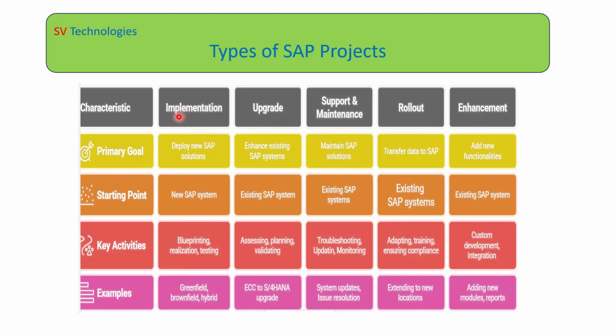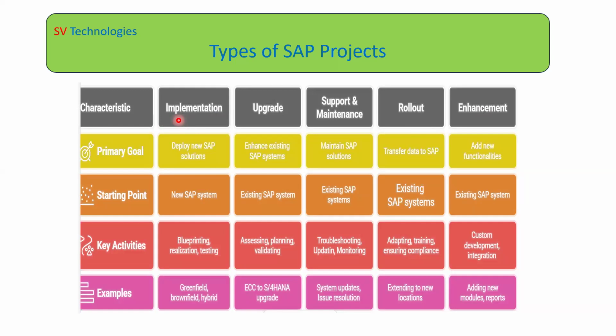You might have good experience or good knowledge in SAP, but if you don't know about these types of projects, and what kind of project has been allocated to you, you will be confused about what role you have to play. If you are aware of what type of project it is, you will get more clarity about your role.